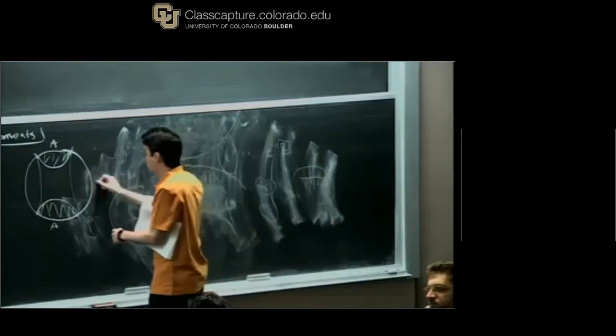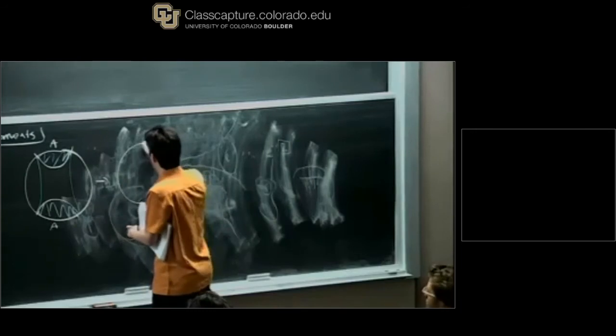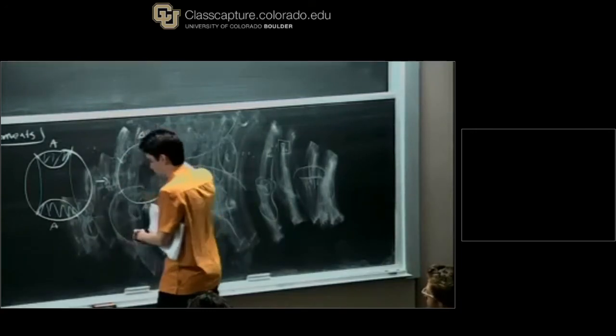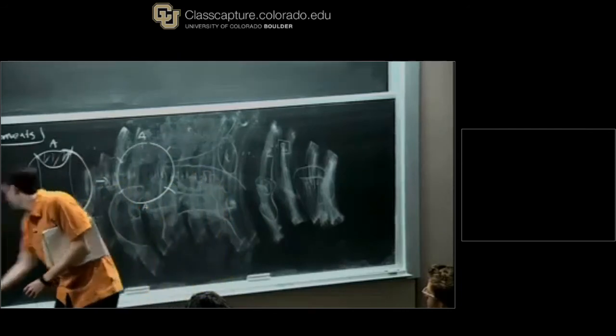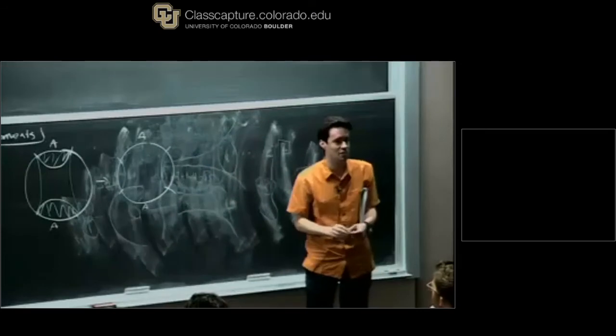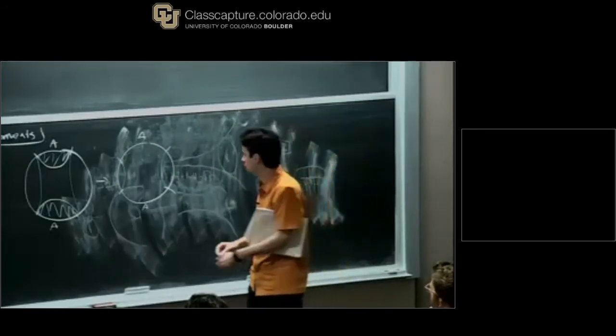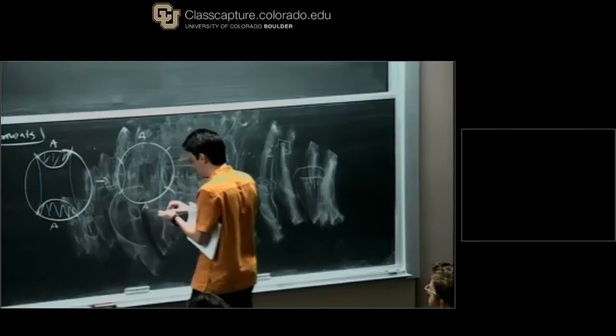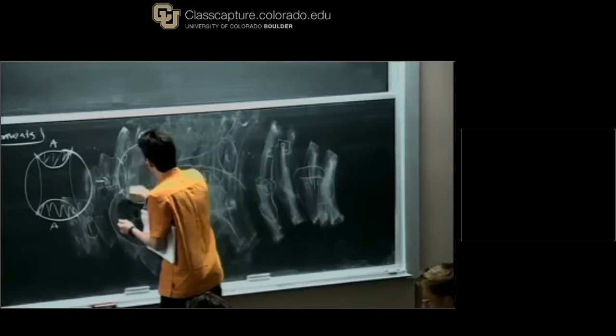But as the regions get bigger, so say it's like this, A and A, then now it's the blue lines which are the minimal area extremal surfaces. So then the entanglement wedge actually looks like this.